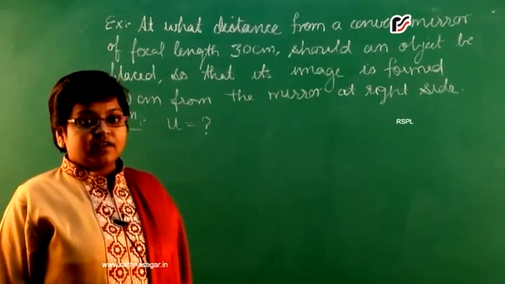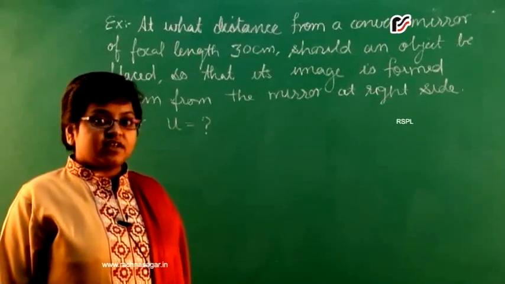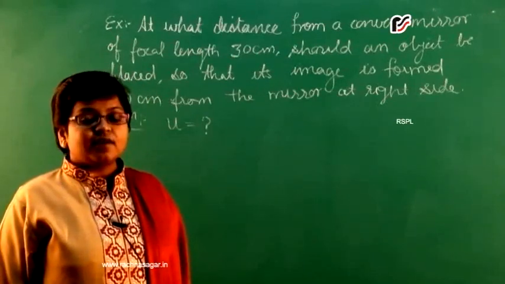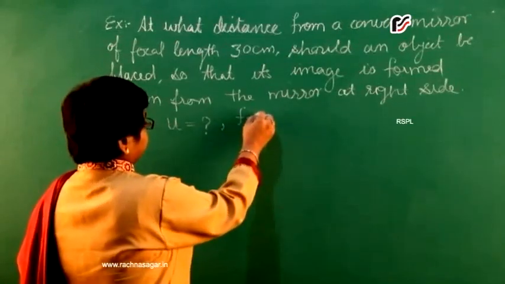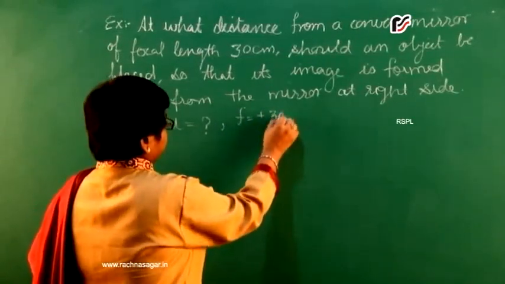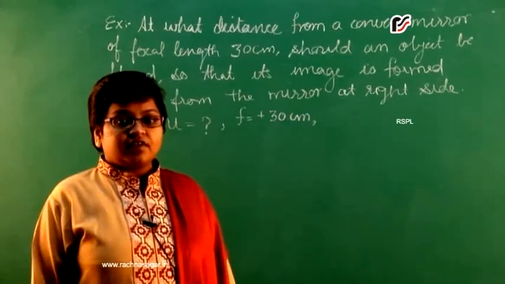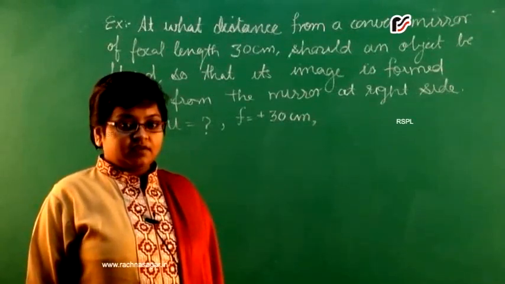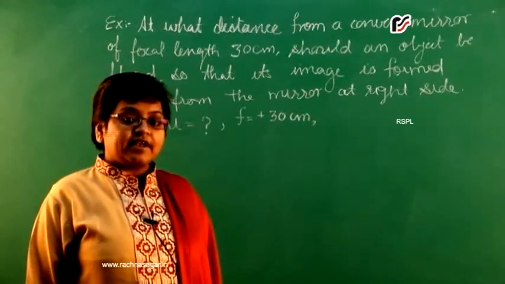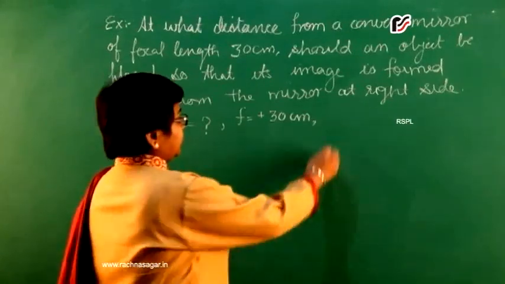Next, the focal length is 30 cm and the mirror is convex in nature, that is, the focal length is positive. The distance of the image from the mirror is 20 and is on the right side of the mirror, that is, V is also positive.